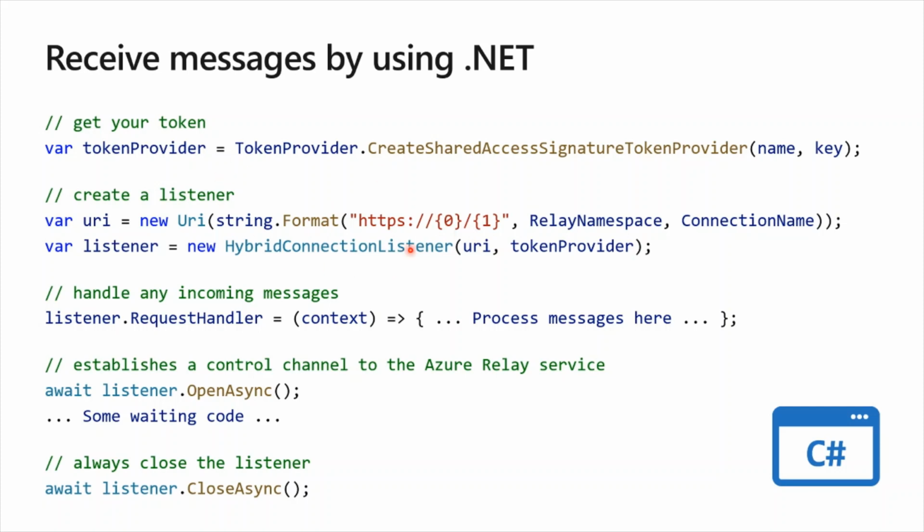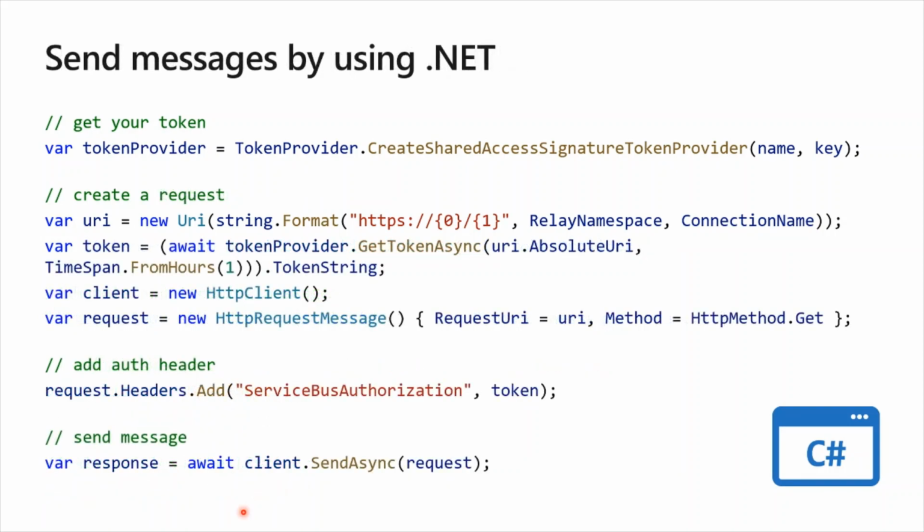Then the listener is created using the hybrid connection listener with the URI and token provider, and then you can handle any incoming messages using this listener, and then you can open those to the Azure Relay service, and then you can close the listener. You see, simple receive messages.